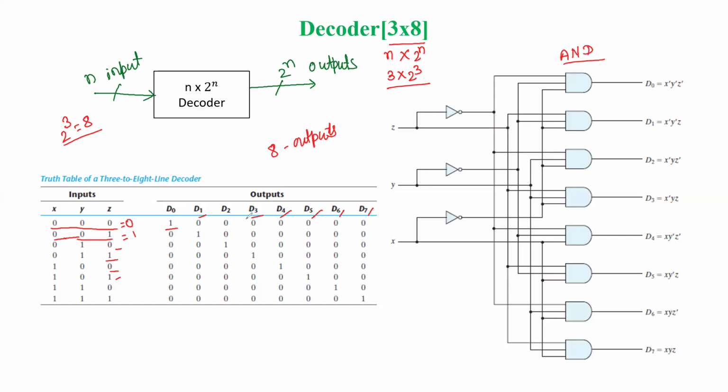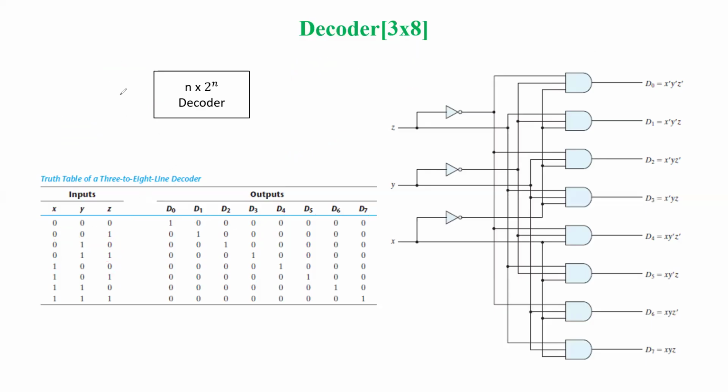When D0 is going to be the output for us, in that situation we have the combination X dash, Y dash, Z dash. A complement shows it is 0, and without complement it shows it is 1.